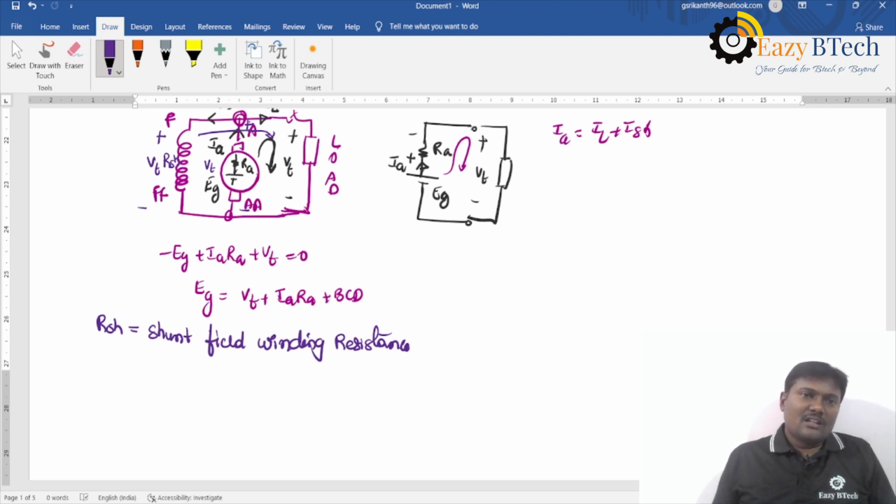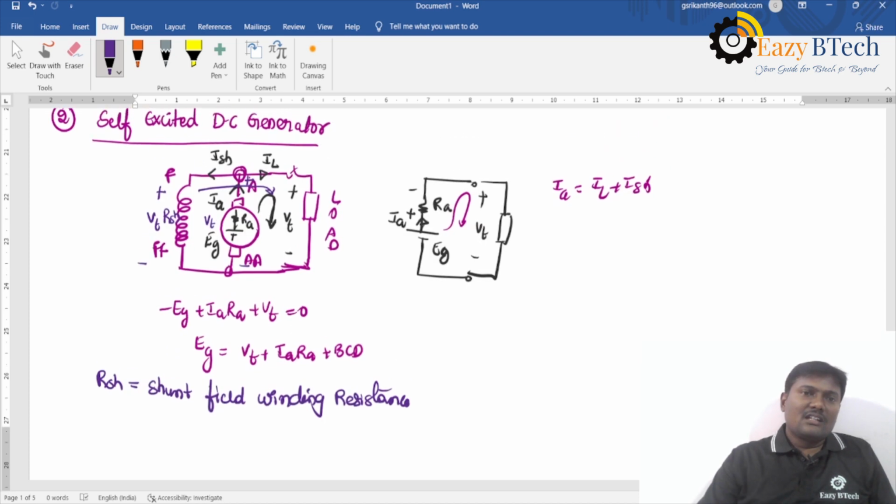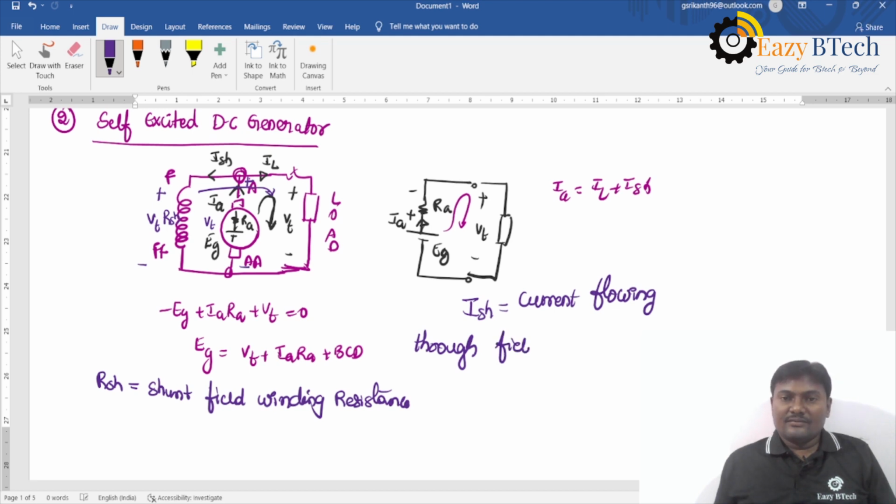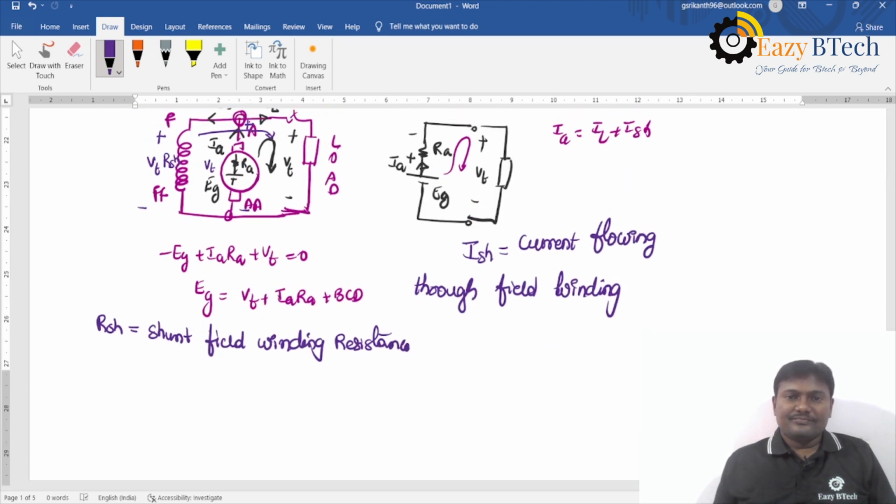The current which is flowing through this field winding is called the shunt current, and ISH is equal to Vt divided by RSH.